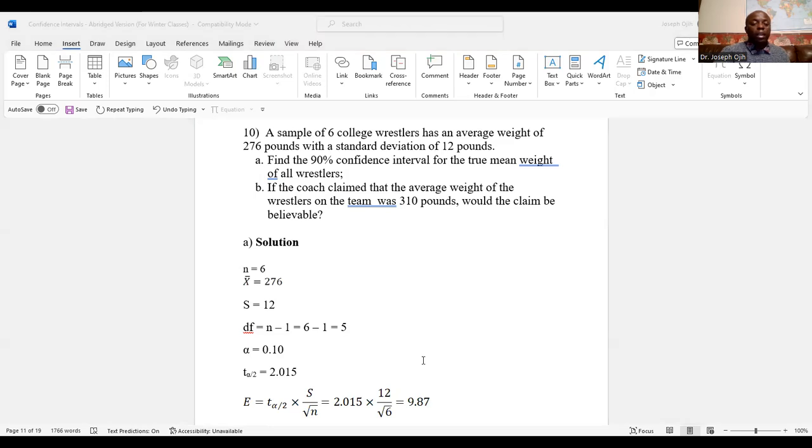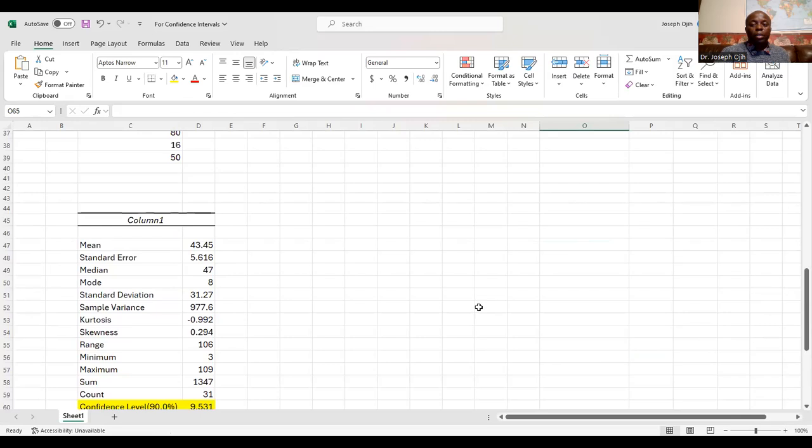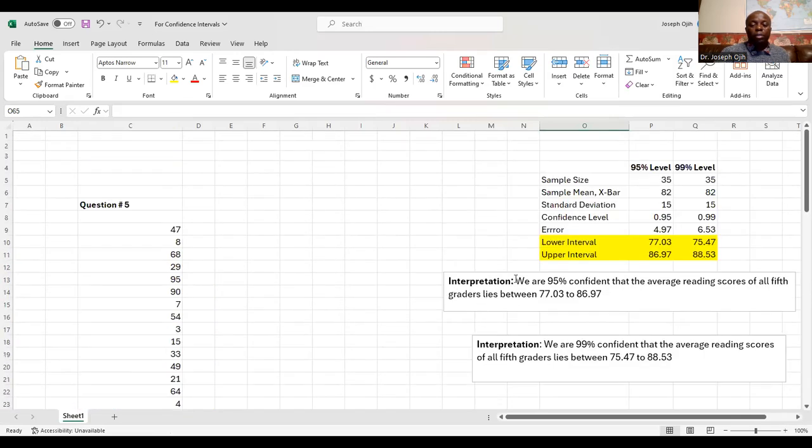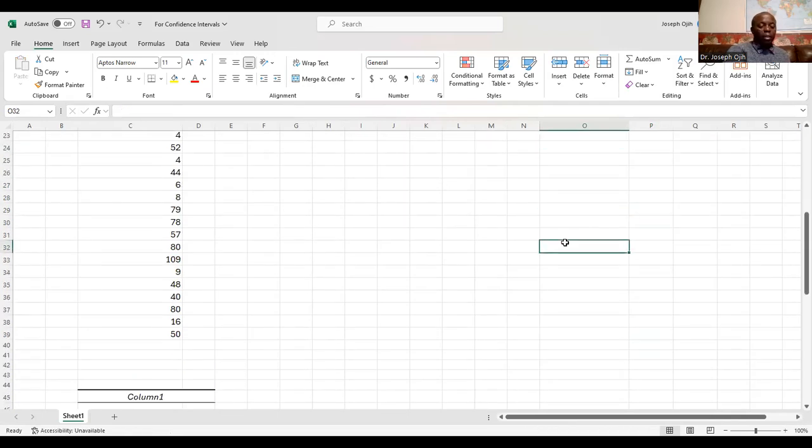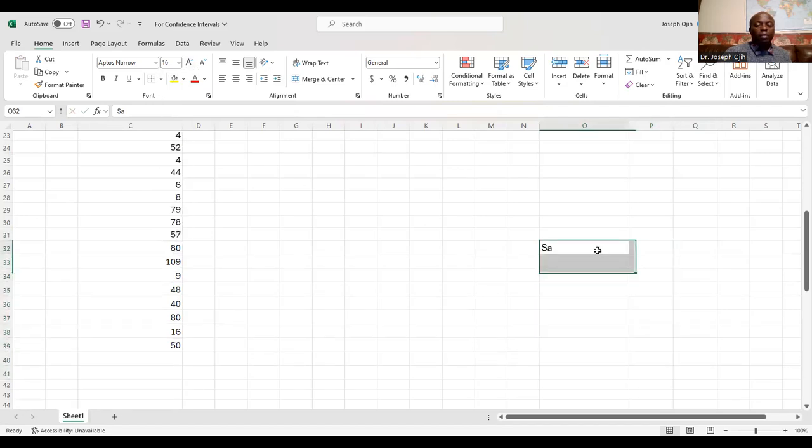But this time around, we are doing a small sample, so the answer will be different. So I'm just going to copy this. I'm going to erase this and move this, but with sample mean and sample size.